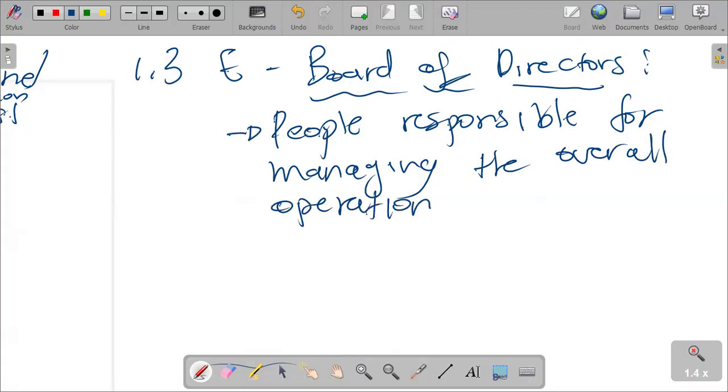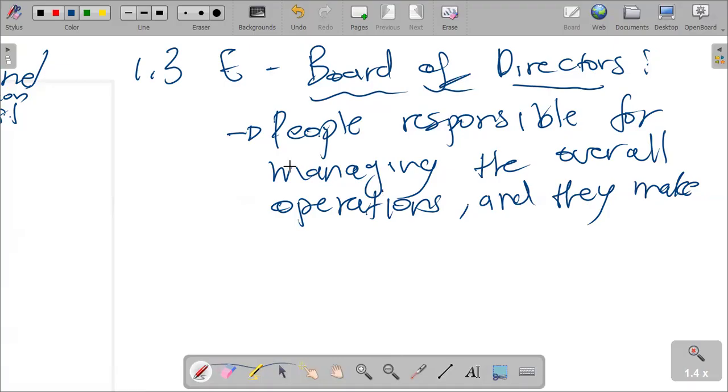So they see to it that expenses are paid, that the wages are paid, people are paid, there is income, and the business is actually moving forward. So they manage the overall operations, and they make strategic decisions.